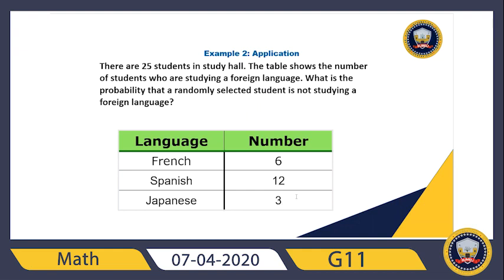So it's asking me to find the probability that if you take any random student, this random student is not studying any foreign language. So how will you find this probability? You have the total number, which is 25, and for each one of these classes you have the number.